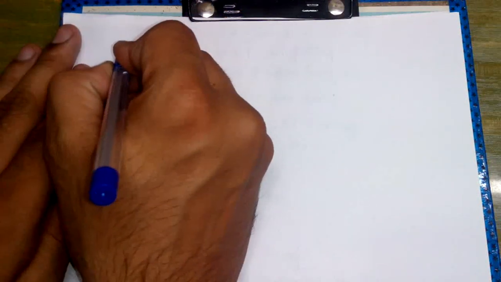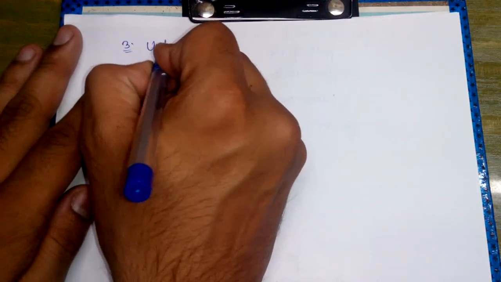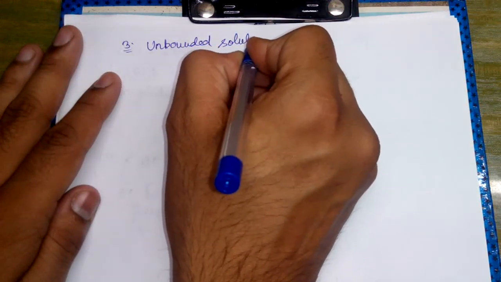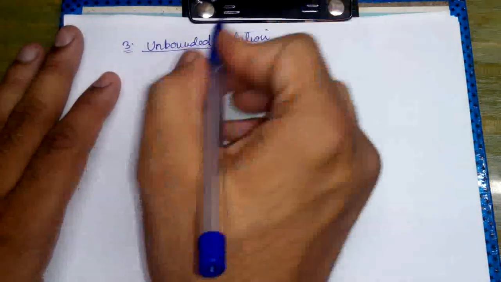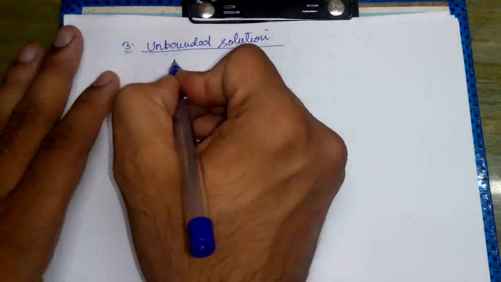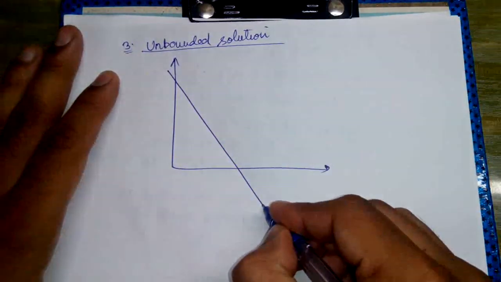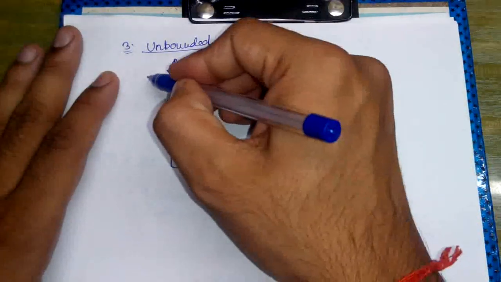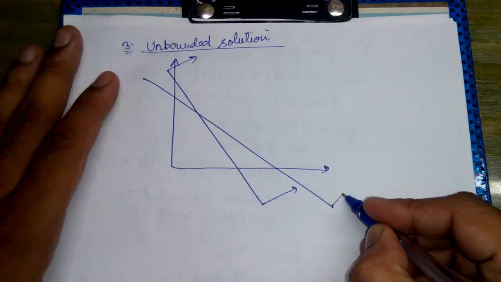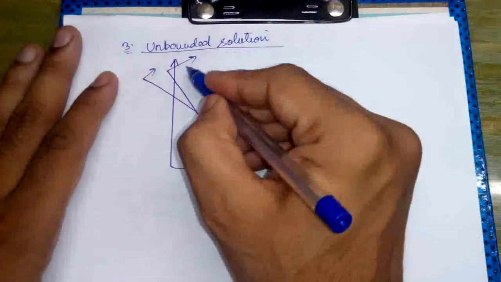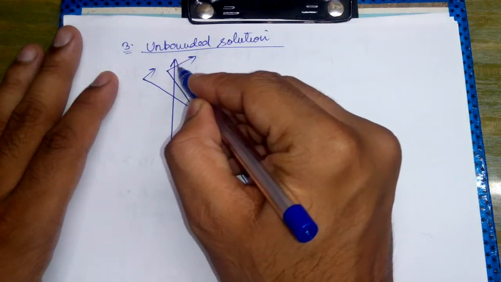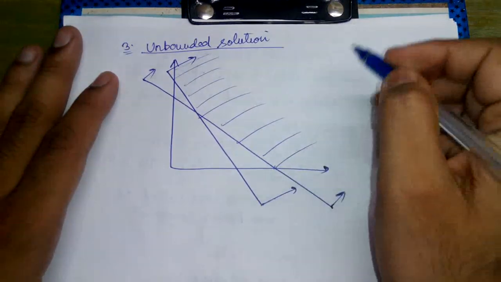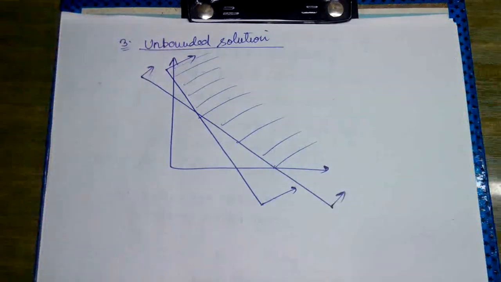Next we come to the third special case, that is the unbounded solution. For example, if the graph is like this, and this is also greater than or equal to, then this entire portion becomes our feasible region.